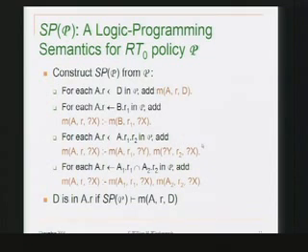In the third form, it's translated into X is in A.R if there exists a Y in A.R1 such that X is in Y.R2. And finally, intersection just turns into conjunction.